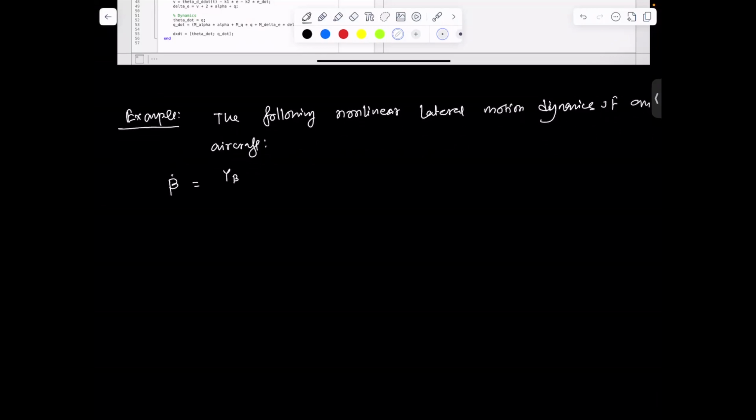Y beta divided by m v into beta plus y p divided by m v into p, plus y r divided by m v into r, plus y delta a divided by m v delta a plus y delta r divided by m v delta r.